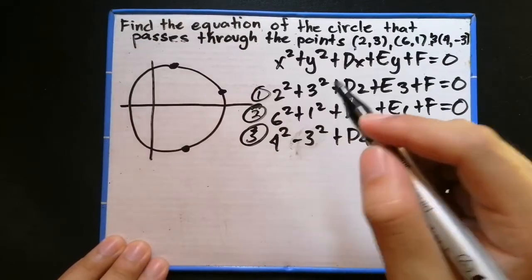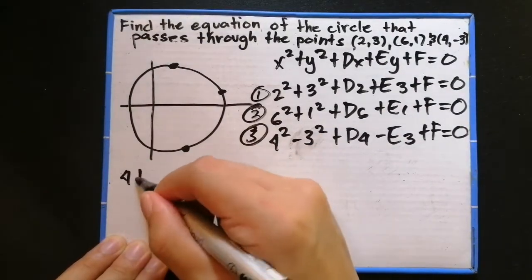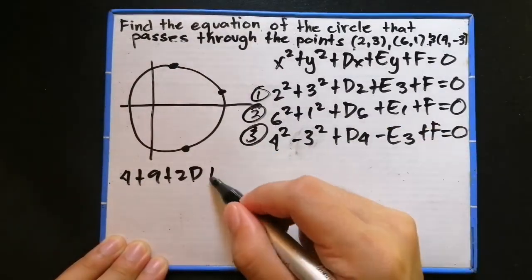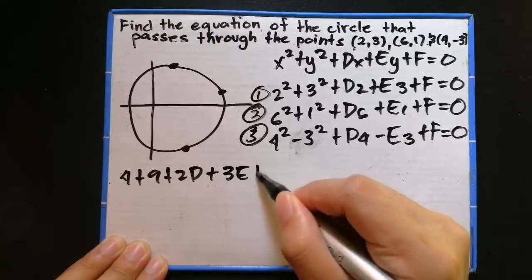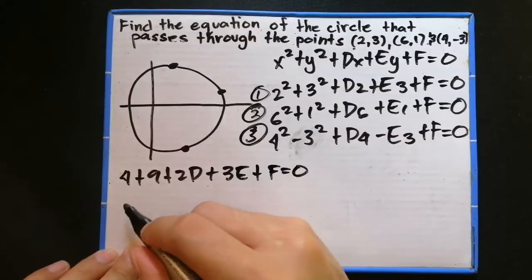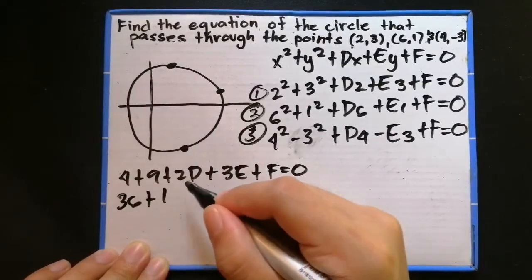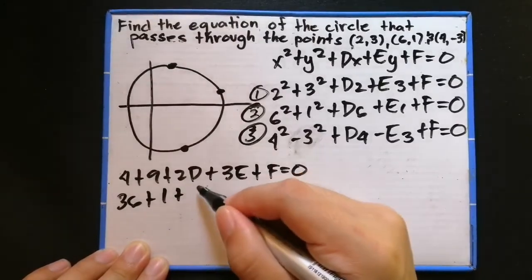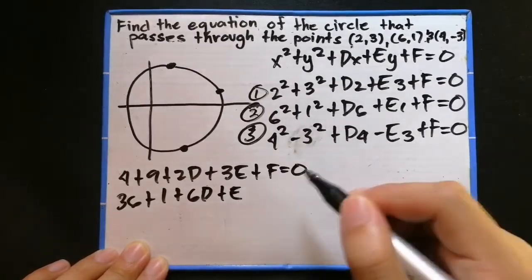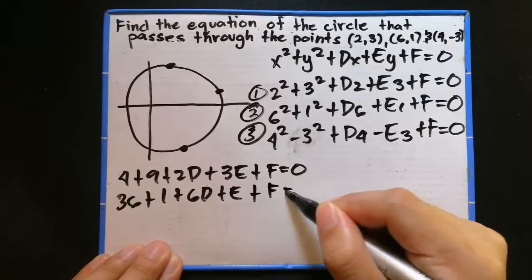So, equation 1 will give us 4 plus 9 plus 2D plus 3E plus F is equal to 0. In equation 2, 6 squared is 36 plus 1 plus 6D plus E, because its coefficient is just 1, plus F is equal to 0.